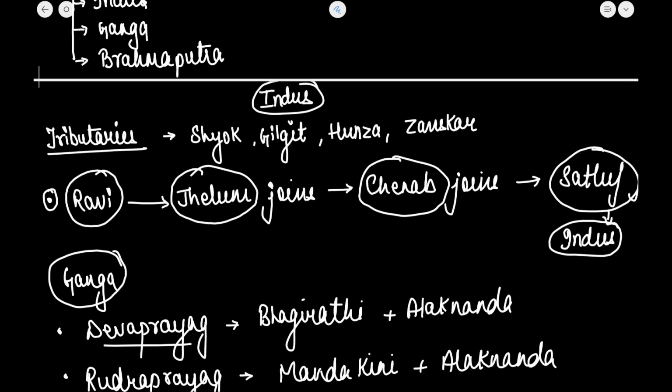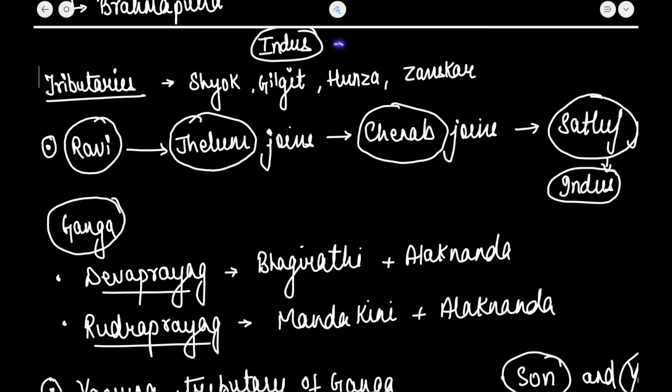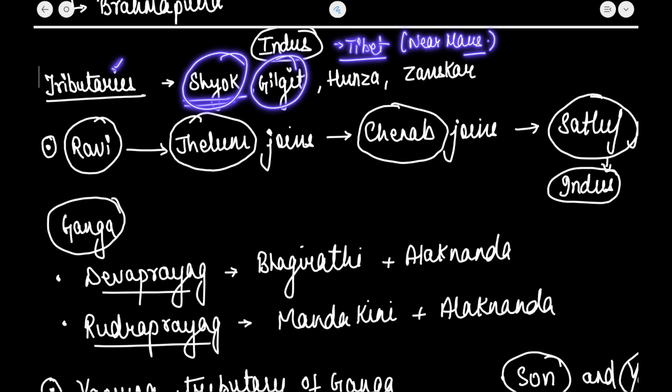Now if I talk about the Indus, let us see first about the Indus river system. Now this river Indus rises from Tibet, that is near Mansarovar. Now if I talk about the important tributaries of river Indus, it is Shyok, Gilgit, Hunza, Zanskar.